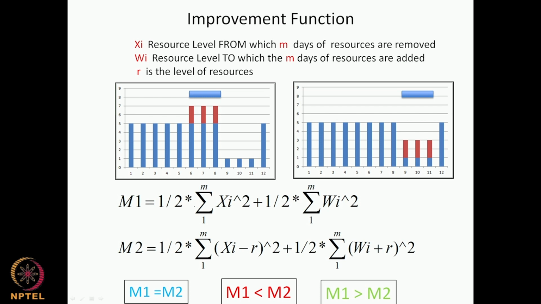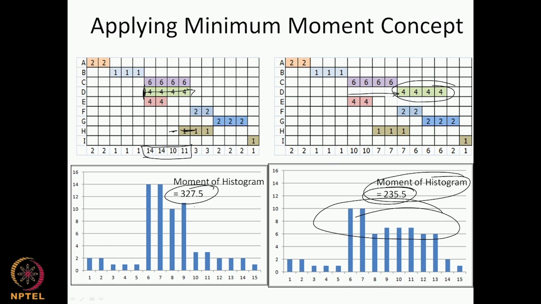So when we move from here to here, I can certainly calculate my moment as it is, but what we want to do is work towards a procedure that can give us a methodical way of calculating whether a shift improves or does not improve the rectangularity of the resource loaded histogram.